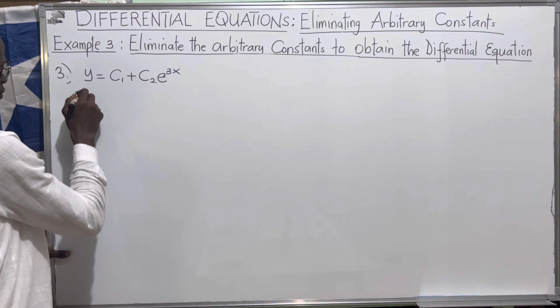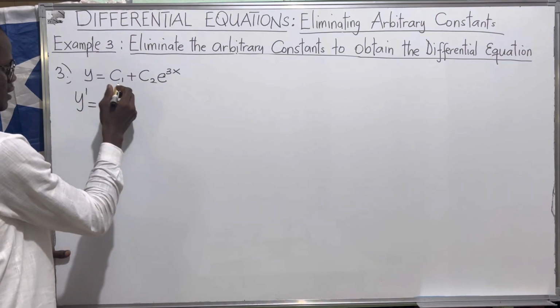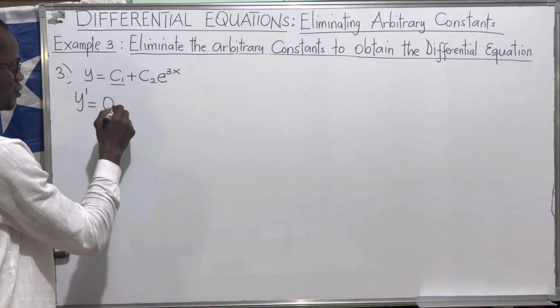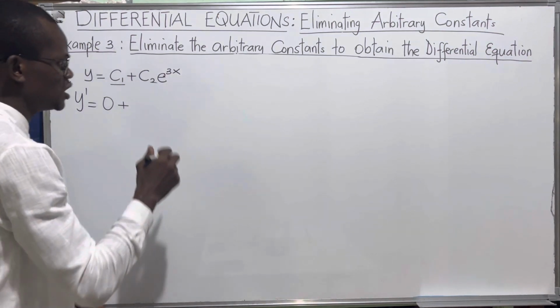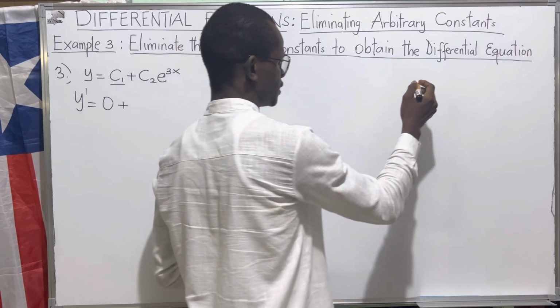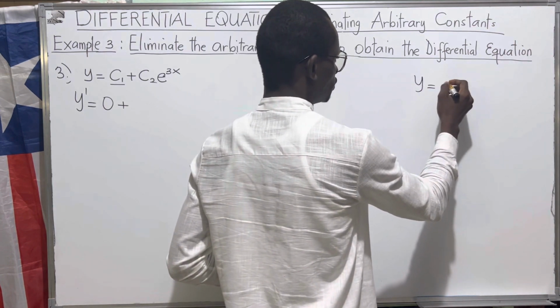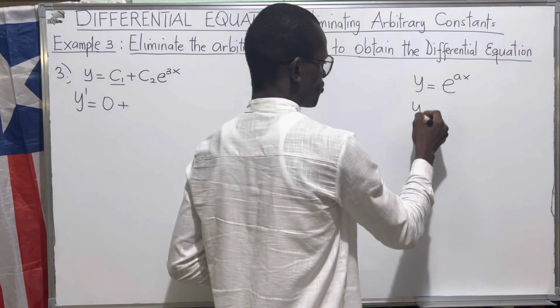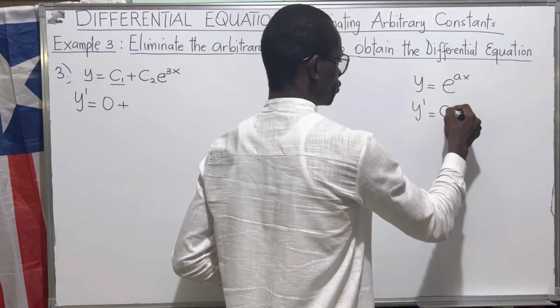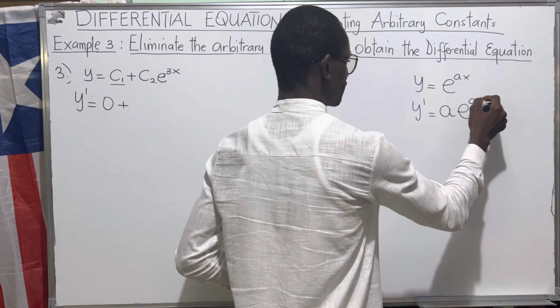Now, the first derivative, y prime equals, now this is just a constant, so it gives us 0 plus c sub 2 e raised to the power 3x. Now we know that if y is equal to e raised to the power ax, it means that y prime will be equal to a e raised to the power ax.